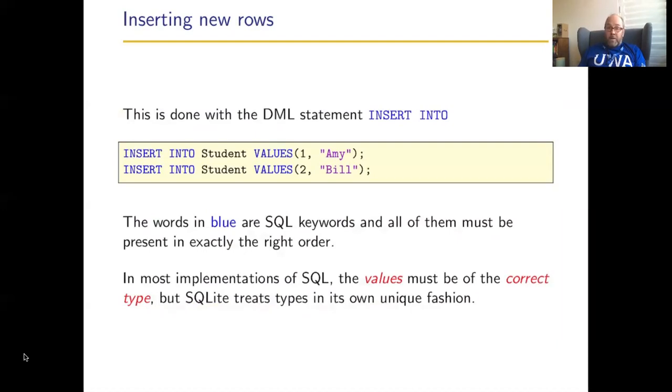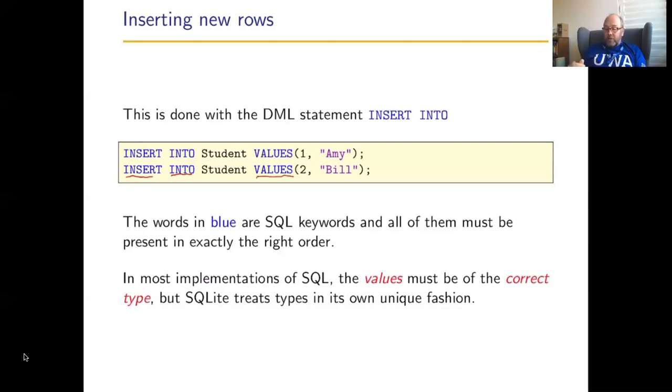One is going to be Amy's student number, and her name is going to be Amy. Okay, so the words in blue, insert, into, and values, are SQL keywords. They have to be there. If you want to enter a row into a table, you have to do it in this fashion.